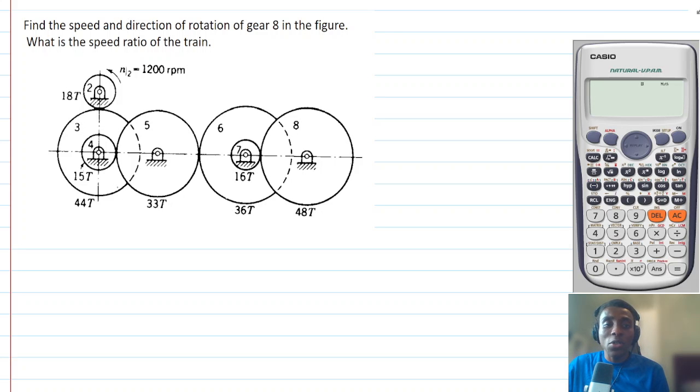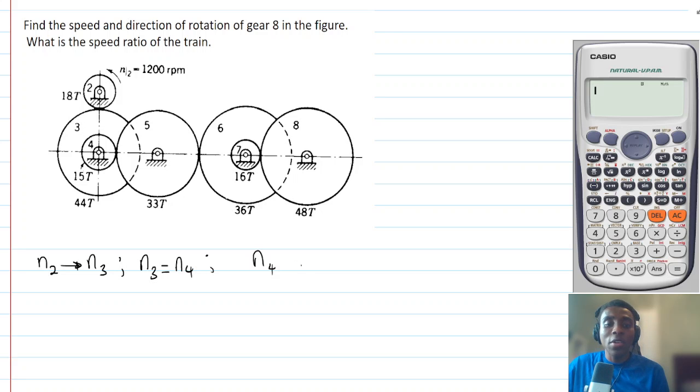So essentially, if you look at the flow, it's basically gear 2, which is meshing with gear 3. Gear 3 is the same as gear 4 because they are on the same shaft.